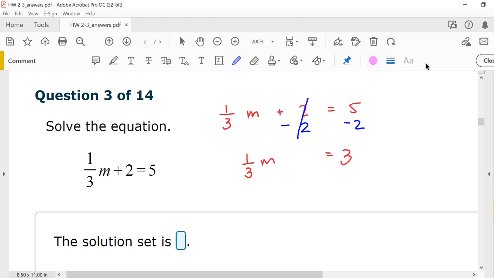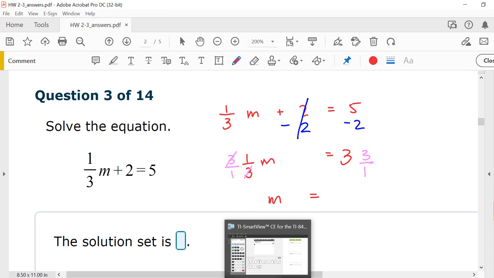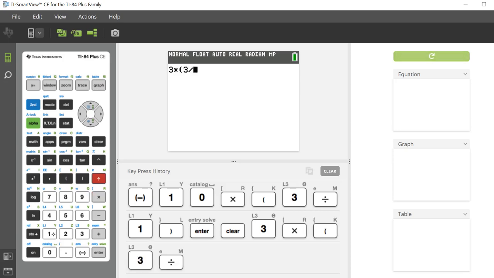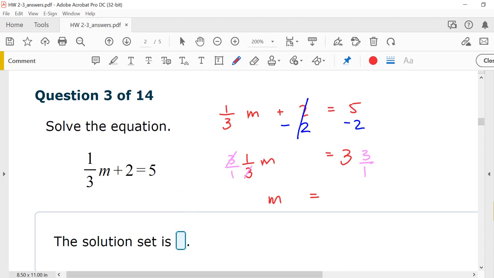Now, you can either divide both sides by 1/3, or you can multiply both sides by 3/1. Either way. When I multiply by 3/1, I get m equals, 3 times 3/1 is 9. So my answer is m equals 9.